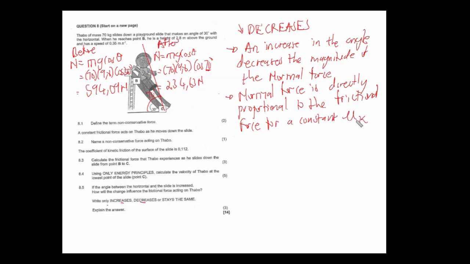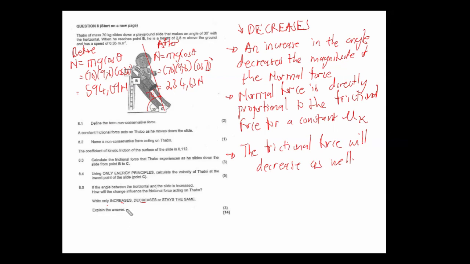So for a constant coefficient of kinetic friction, which never changes, the only way you can change a coefficient of kinetic friction is by changing the whole surface altogether, right? So that means the normal force is directly proportional to the frictional force. Therefore, the frictional force will decrease as well. Right. So now our answer is decrease.